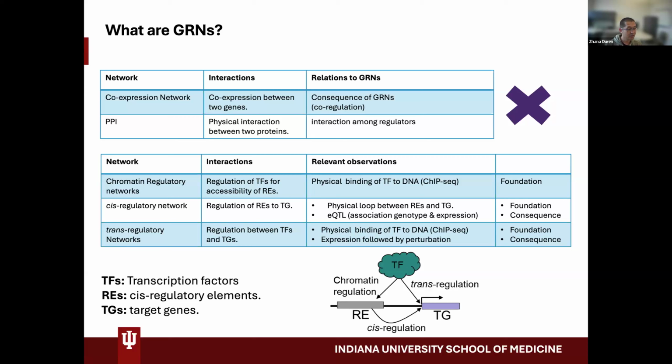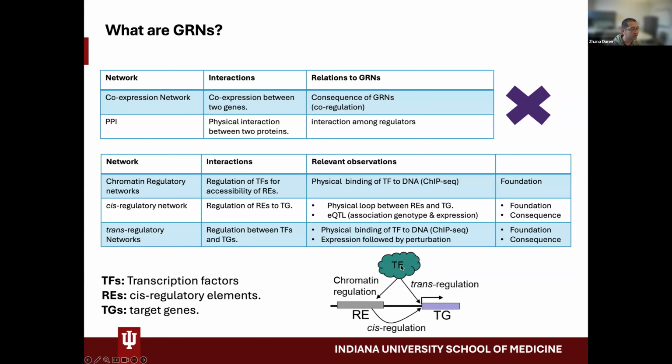This is the consequence. If an RE regulates a gene, and there is some genetic variation, we could observe eQTL. But in some cases, you don't observe eQTL, and it doesn't mean they don't regulate, because many regulatory elements are highly conserved, and we never observe any genetic variation. No variation, so no eQTL.